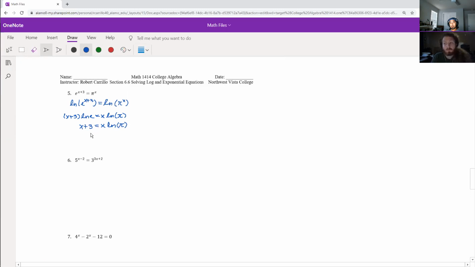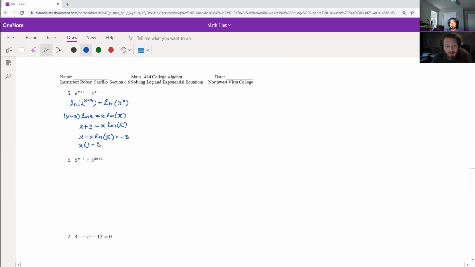I'm going to move my terms around so that I have like terms on the same side of the equation. x minus x ln pi will equal -3. Now I want to get this x by itself. I have an x in both of these, so I'm going to factor out an x.